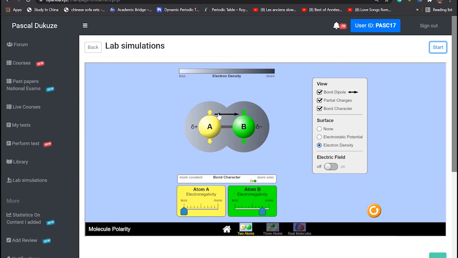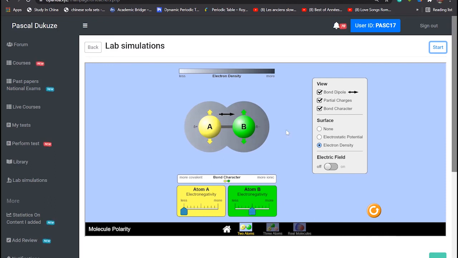And you can see still, the bond dipole is becoming longer. It becomes longer as the electronegativity difference increases. It becomes small as the electronegativity difference decreases, okay? Good.